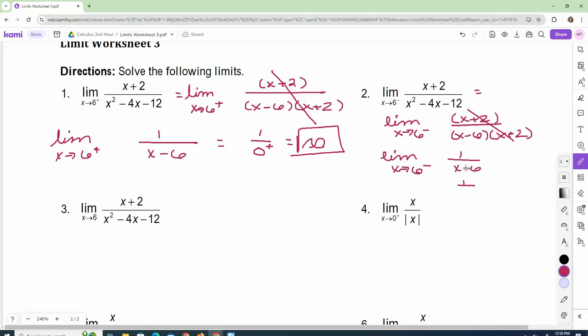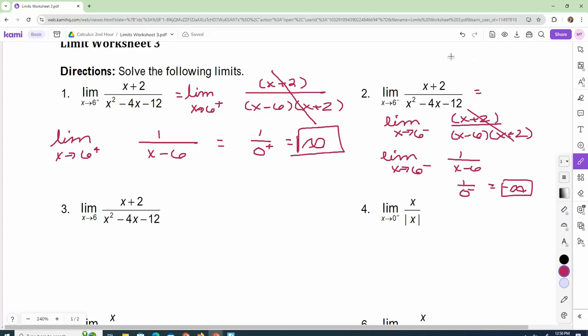So we have 1 over, you're putting in something smaller than 6 and subtracting 6. So it's getting closer to 0, but all those numbers are negative. So 1 divided by a smaller and smaller negative number goes to negative infinity.